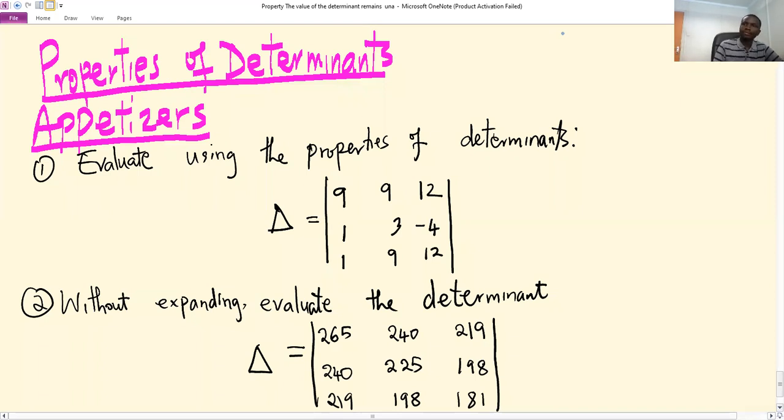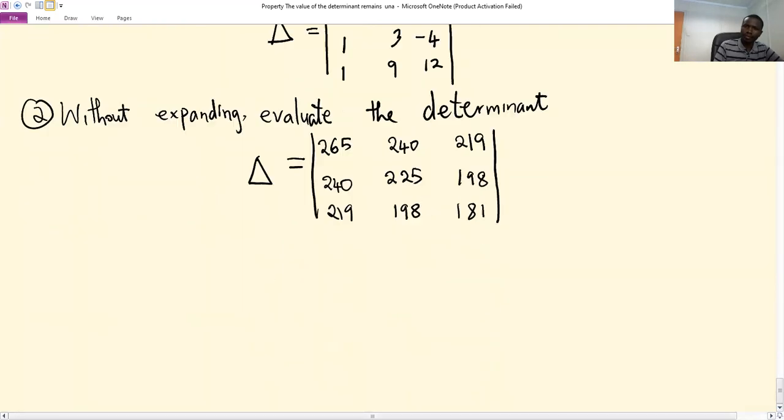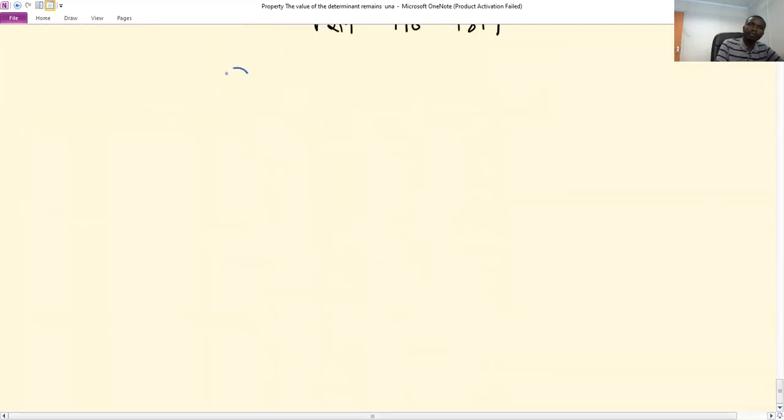So, solution. The first problem is to evaluate the determinant 9, 9, 12, 1, 3, minus 4, and then 1, 9, 12.